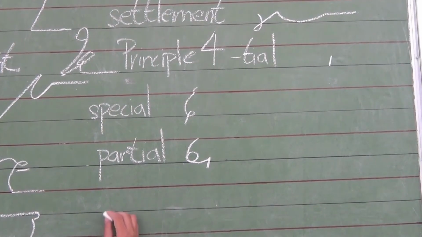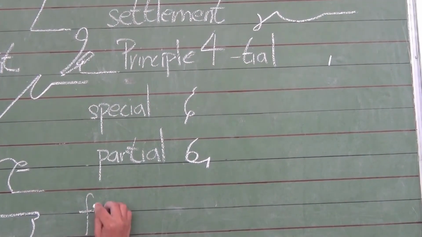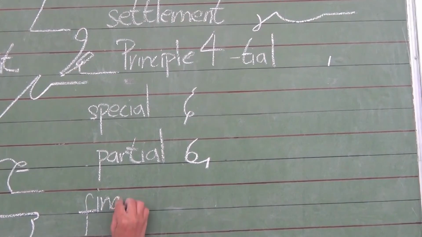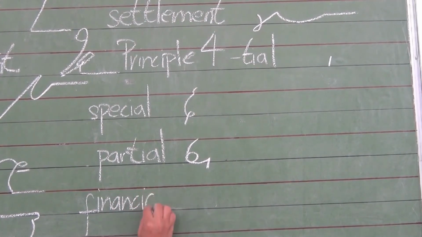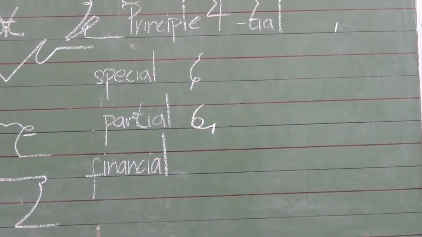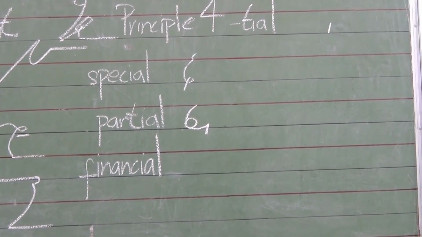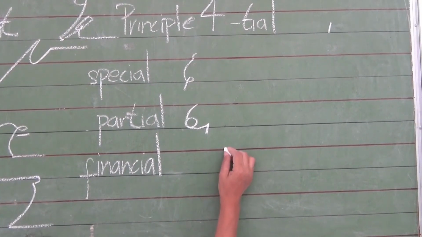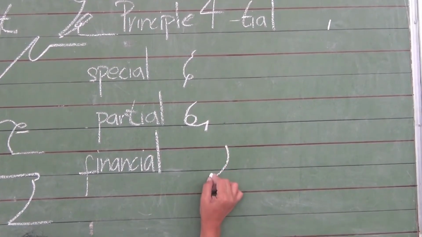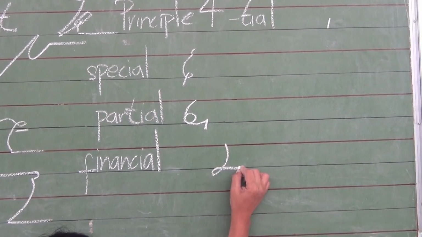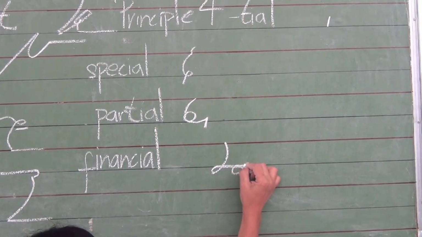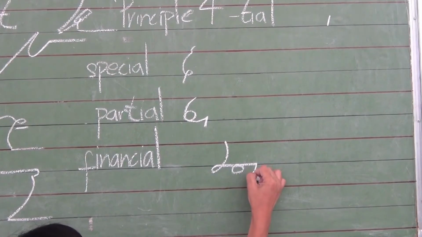Next, financial. It is represented by F, E stroke, N, A, N, and each stroke.